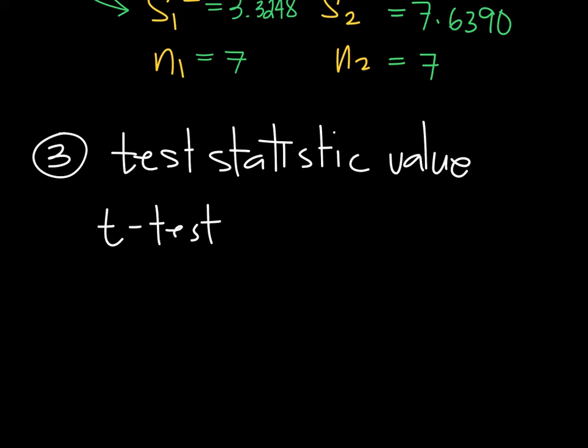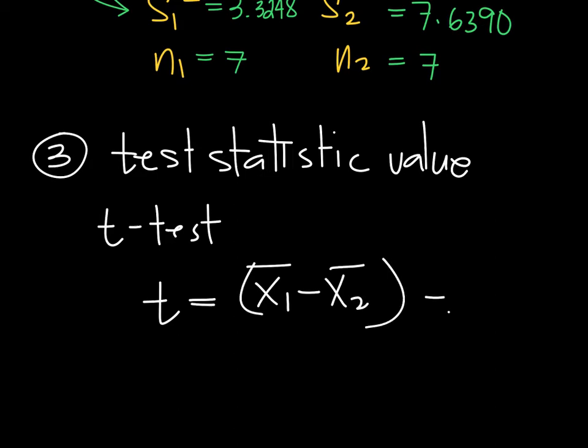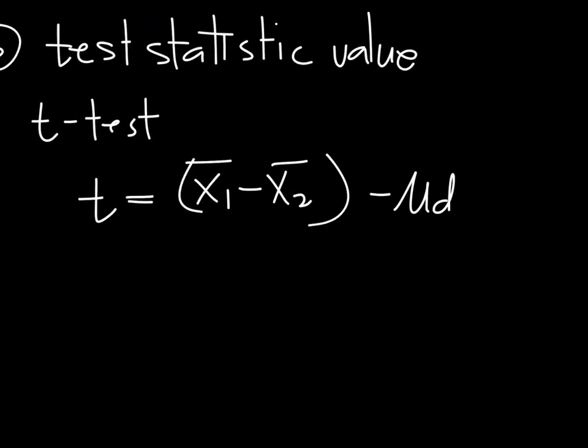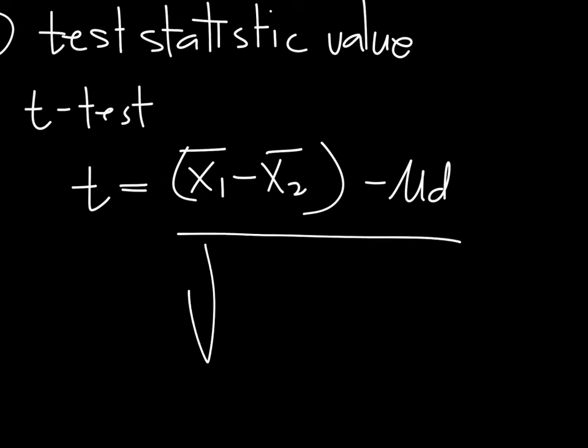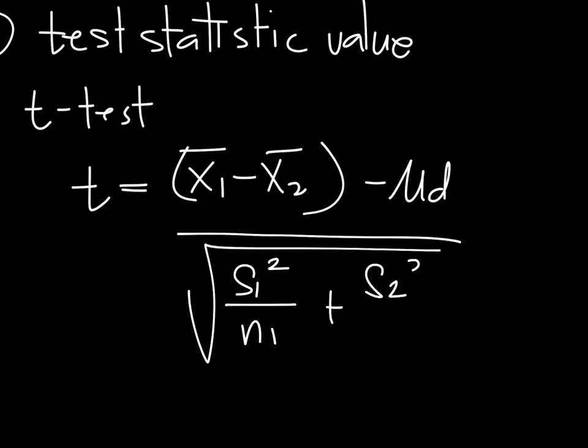The t-test statistic formula is t equals x1 bar minus x2 bar minus mu d, all over the square root of s1 squared over n1 plus s2 squared over n2, where s is the sample standard deviation.